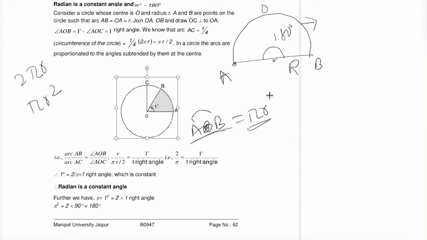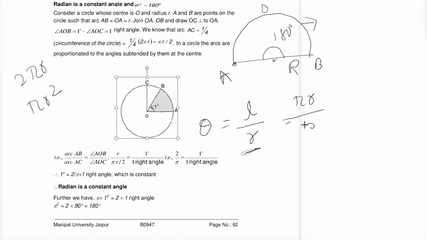Okay, now let's do pi r divided by r. We know there is a simple formula for every angle: angle is the ratio of its arc length to its radius. Whatever the arc length is, divide it by the radius. So L here is pi r, and divided by the radius r, r divided by r cancels, and this is pi.